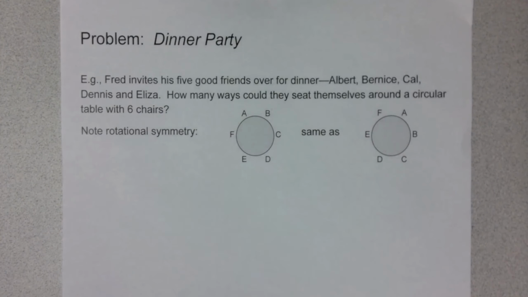But then there are 6 seats, so how many different rotational symmetries are there? Well, you can rotate 1 notch, 2, 3, 4, and 5. So there are 6 different ways of rotating, so it's going to be overcounting by a factor of 6. So there are 6 rotational symmetries.